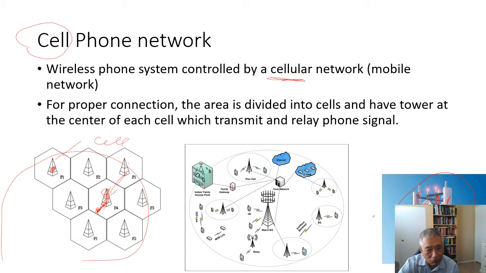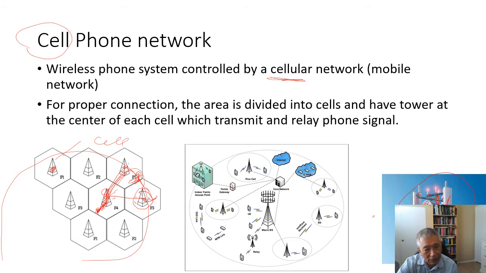So this tower transmits your signal over here, and that tower connects to your friend. If this person moves out of range, he will be reconnected to another tower, which will be connected directly or indirectly.